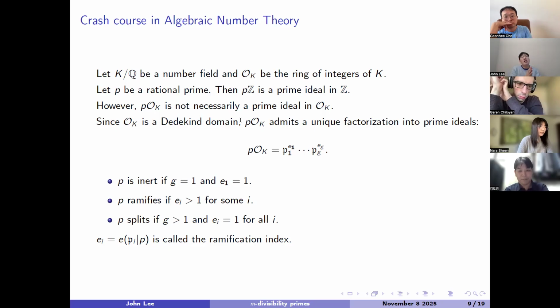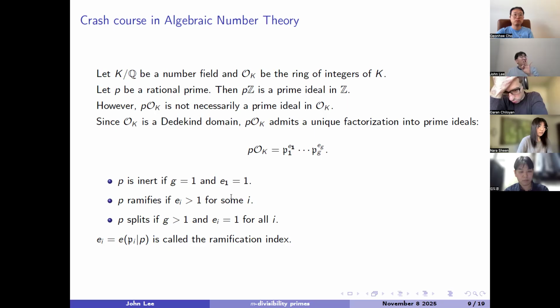It means you can factorize any ideal into prime ideals uniquely. It's like a UFD, like every integer can be uniquely factored into prime numbers, and now this is replaced by ideals. So any ideal POK might be a prime ideal or maybe not, and it can be uniquely factored into a product of prime ideals as follows.